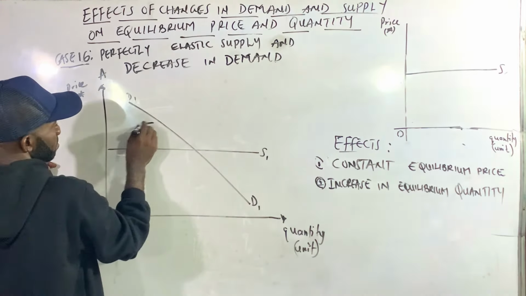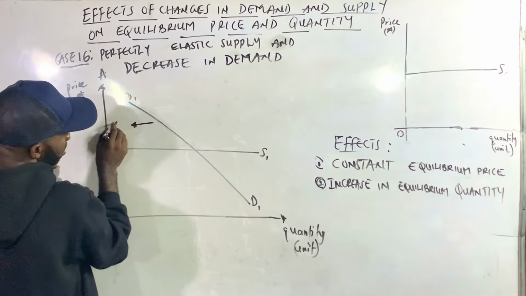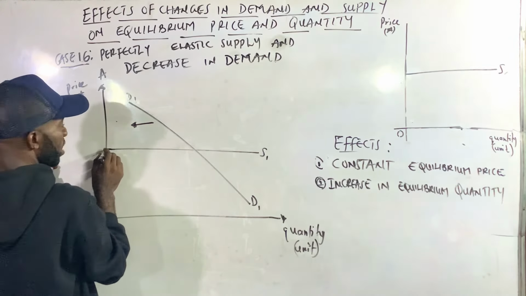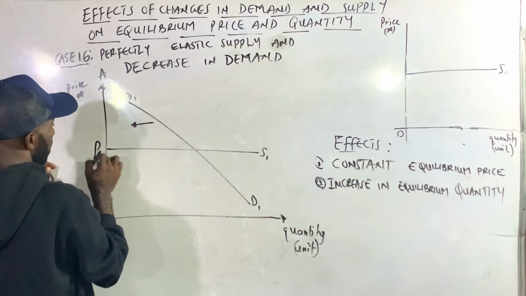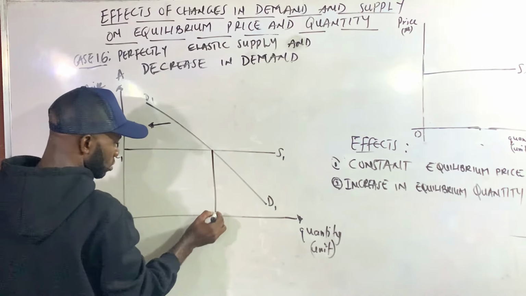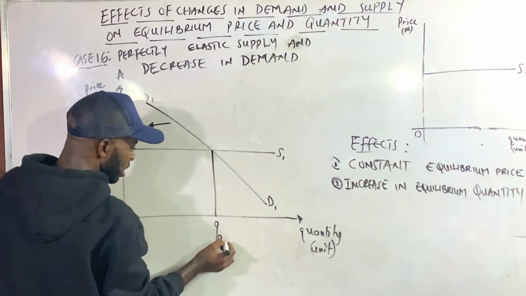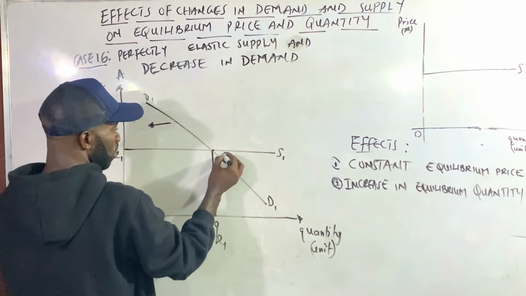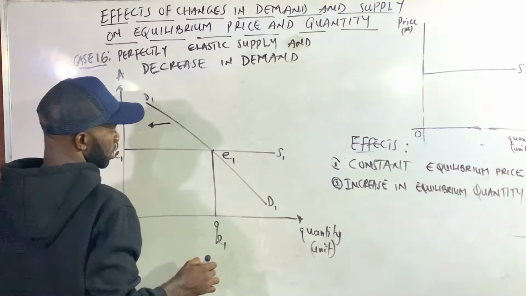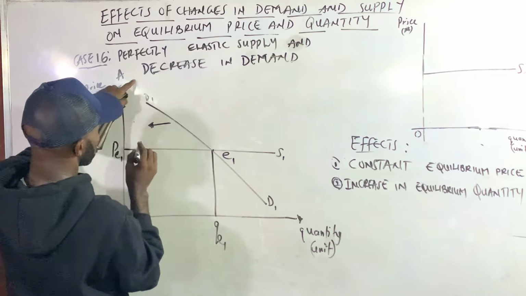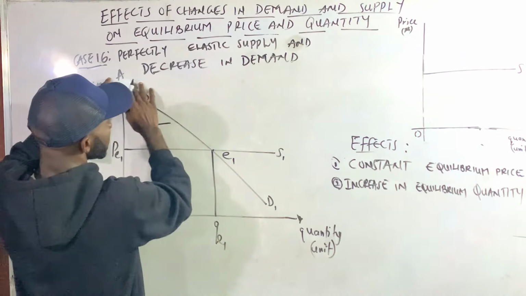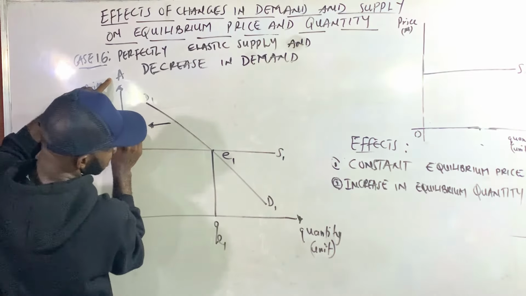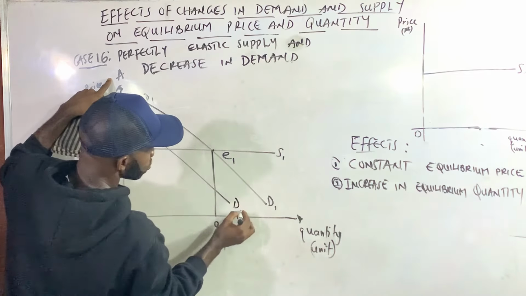A decrease in demand is a leftward shift of the demand curve. Don't forget, this is our equilibrium price 1, and then we trace to the quantity line, gives us equilibrium quantity 1, which establishes our first equilibrium point. And then when we have a shift showing a decrease in demand, this is what it's going to look like.